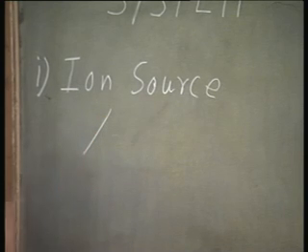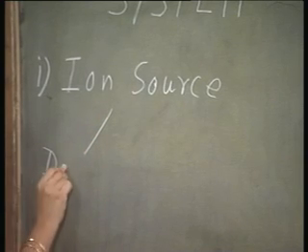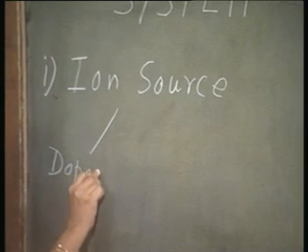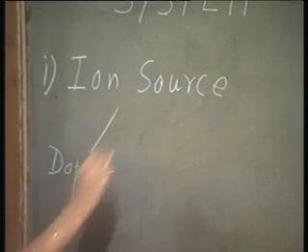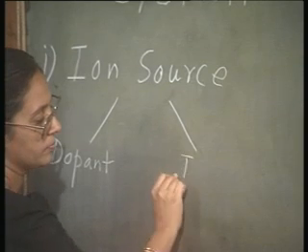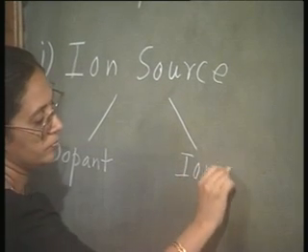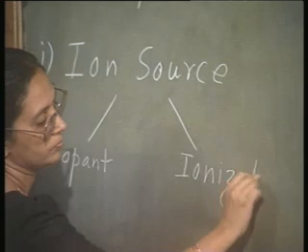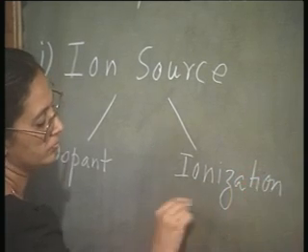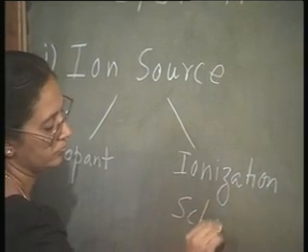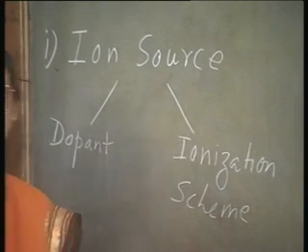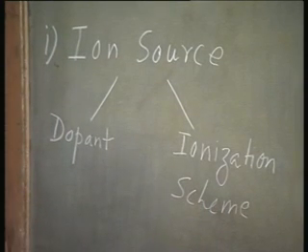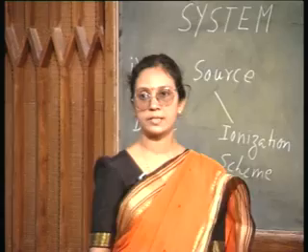We have actually a dopant source and an ionization scheme. First of all, I must have a dopant source and then some means to ionize that.